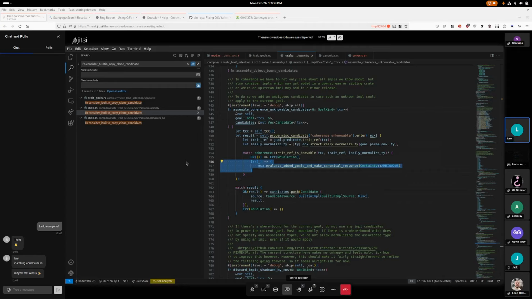That's also what we do in the new solver, where we completely skip candidate assembly and just return ambiguity. But the end result is the same. So that's how we assemble candidates. Are there any questions about candidate assembly?